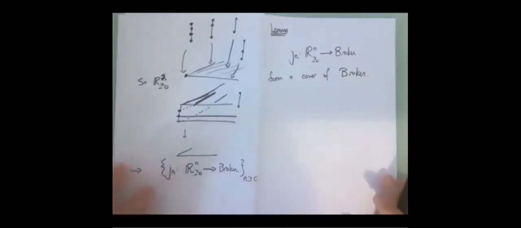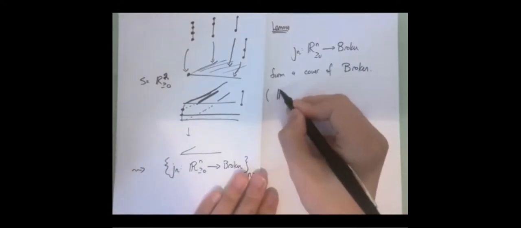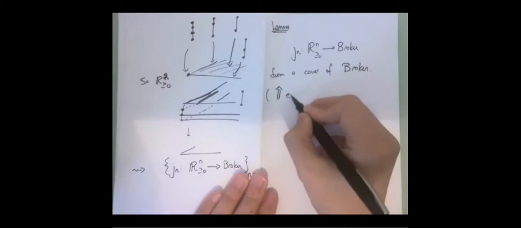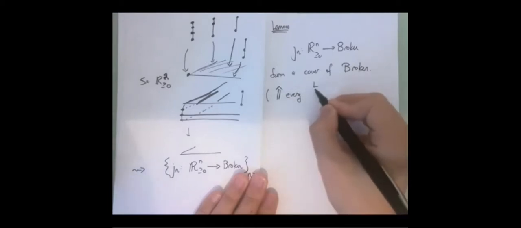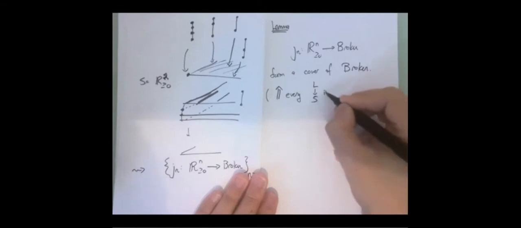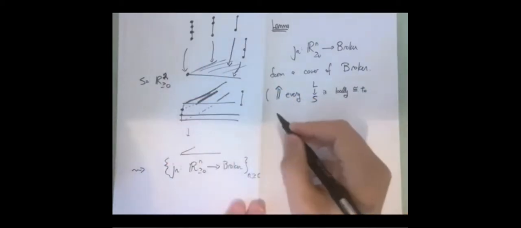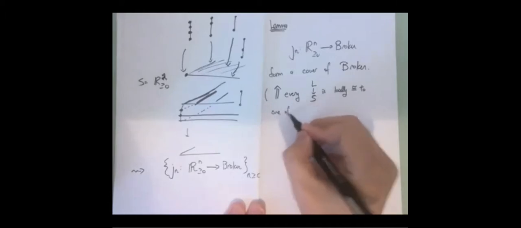I used stacky language, but this is actually very concrete. This will follow from the fact that every broken line, regardless of the base and regardless of the family of broken lines, is locally isomorphic to one of these, one of the families classified.